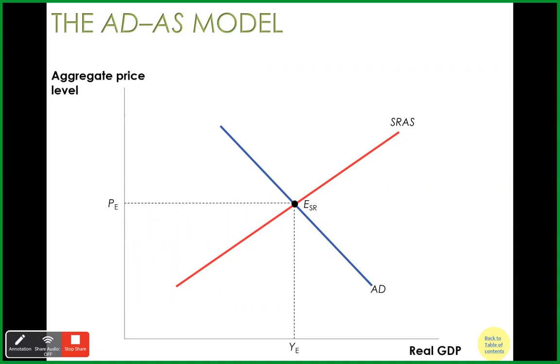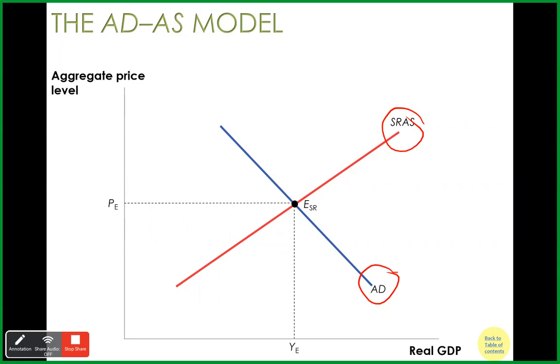We came a long way to understand why the aggregate demand is downward sloping. Essentially because of the wealth effect and interest rate effect. On the other hand, you have aggregate supply in the short run. But why is the aggregate supply in the short run upward sloping?